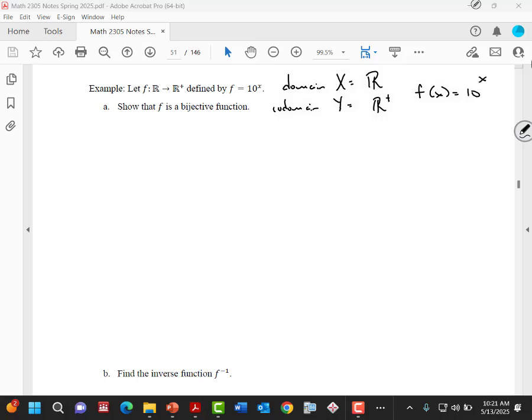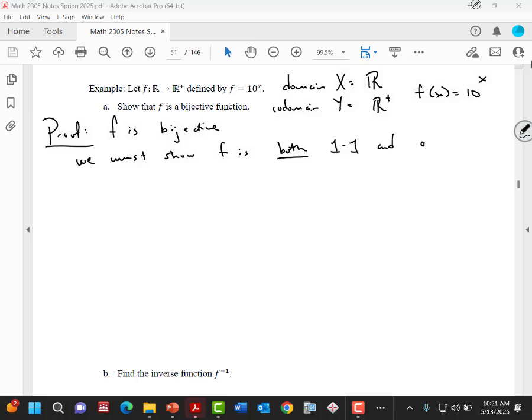Prove f is bijective. We must show f is both 1-to-1 and onto R plus.